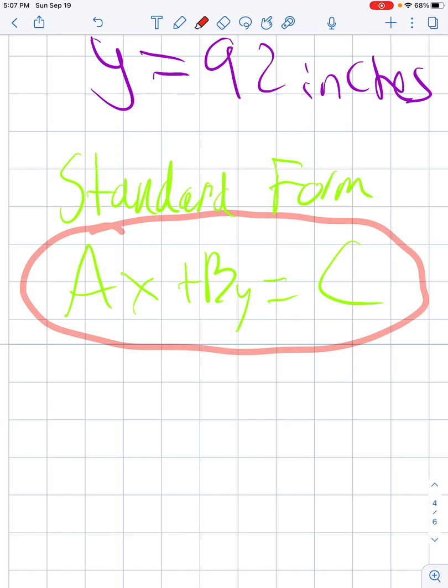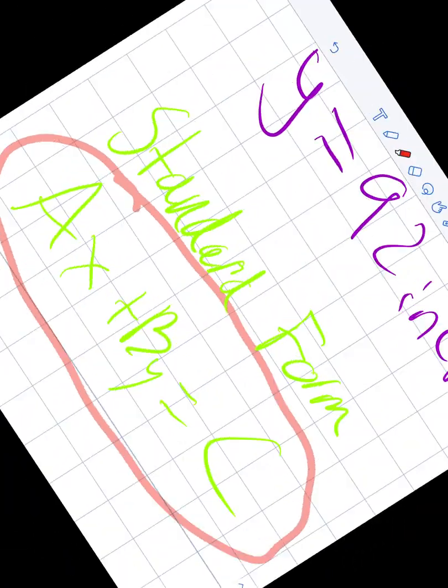A and B cannot be 0, and you can graph an equation in standard form by identifying the x and y intercepts. Very similar to a y-intercept, the x-intercept is where it crosses the x-axis rather than the y-axis.